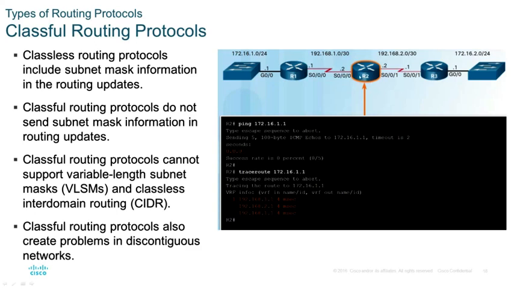And not only that, but if you look at router 2 in that same scenario, using classful routing protocols, it's going to say, well, I know about the 172.16 network, so that's going to have to go back to being a /16.